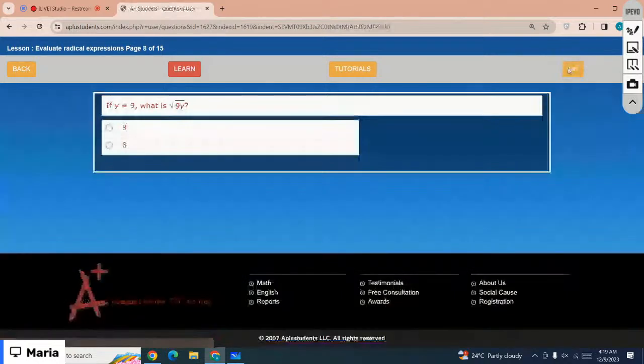Okay, if y equals 9, what is square root of 9y? Which is the correct option?